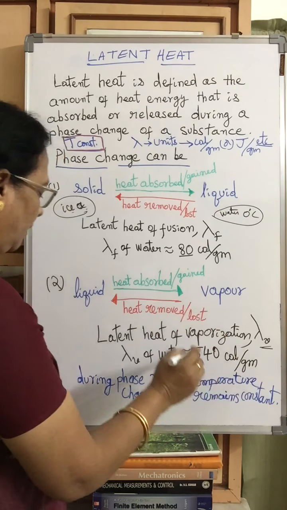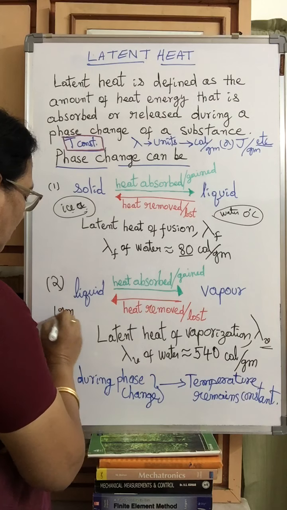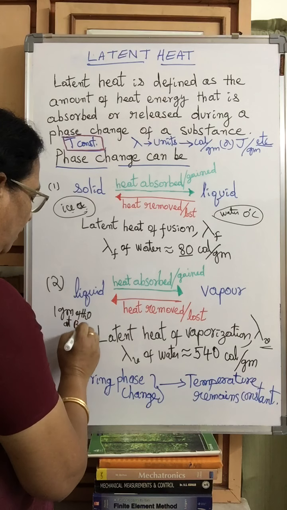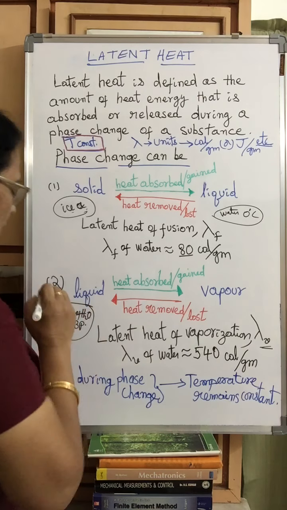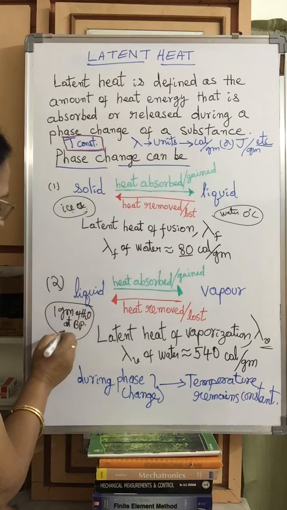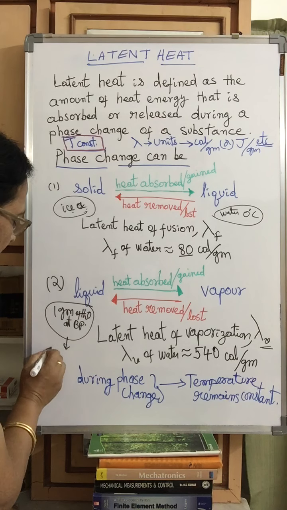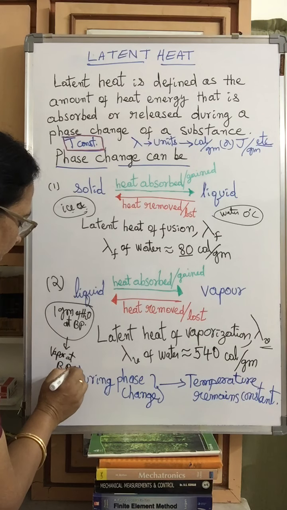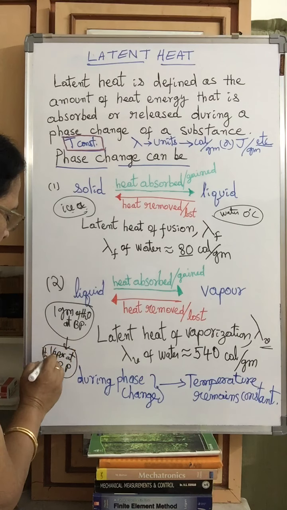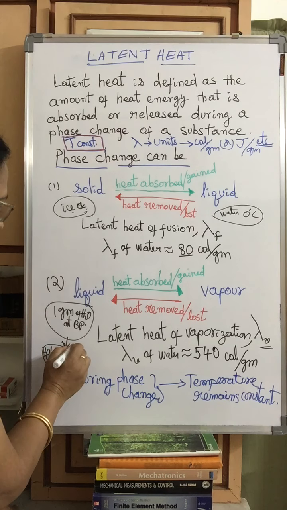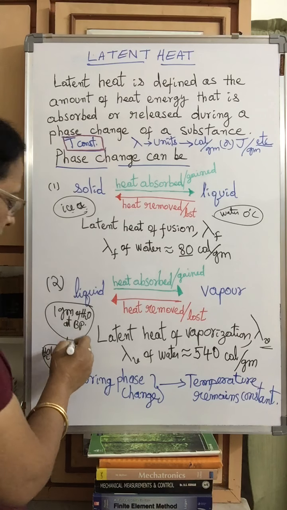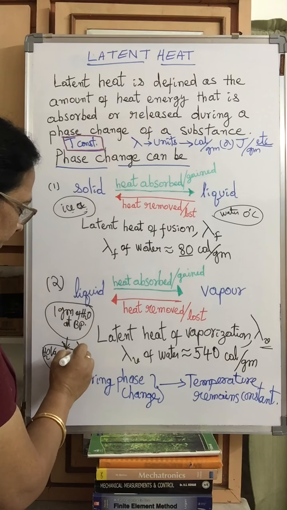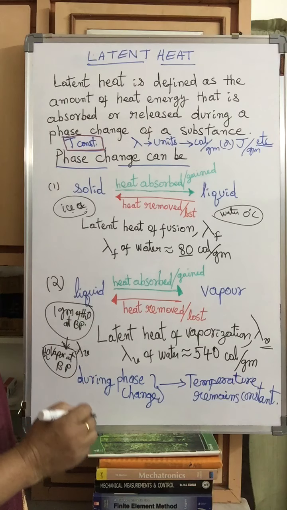That means to convert 1 gram of water at boiling point to water vapor at boiling point, what amount of heat is to be supplied? That is called latent heat of vaporization.